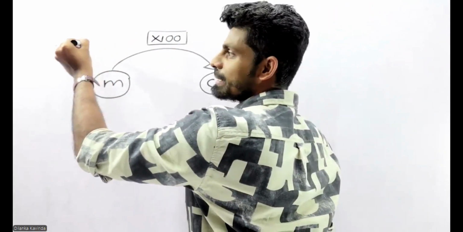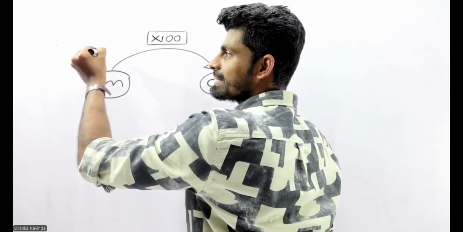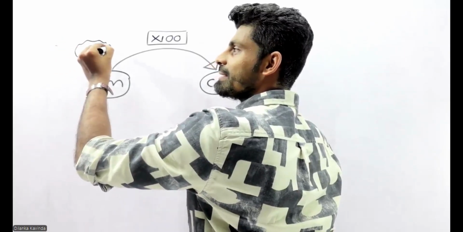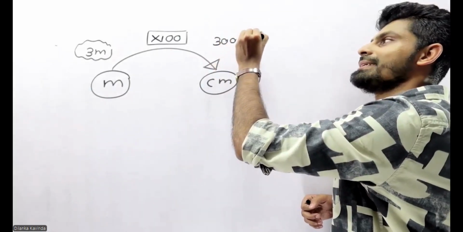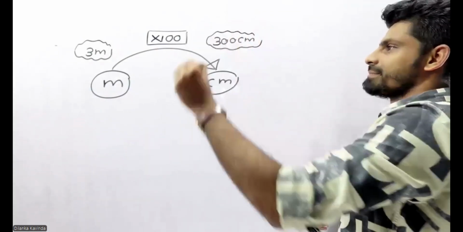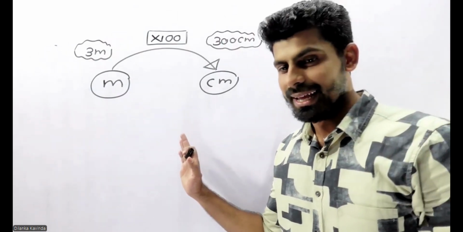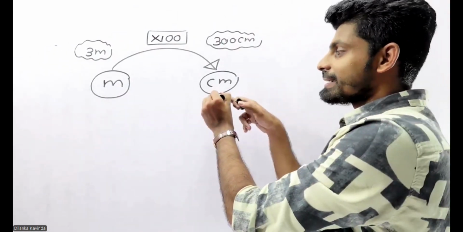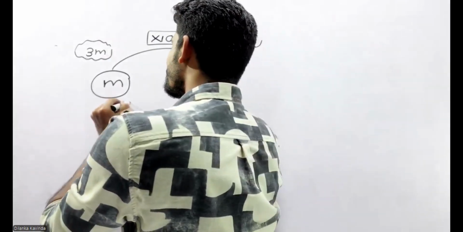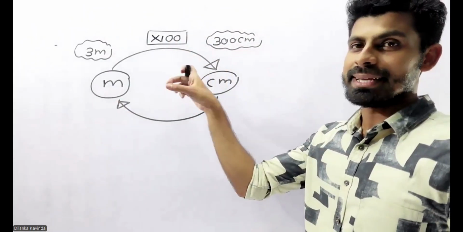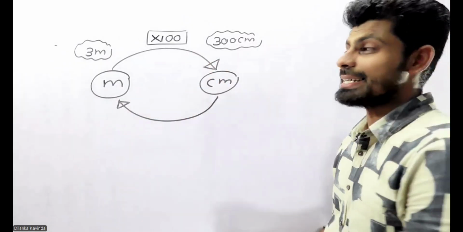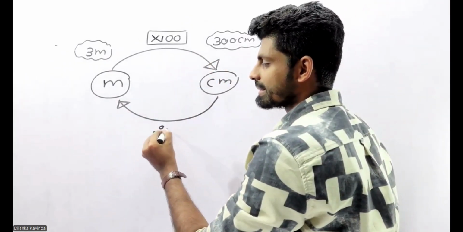As an example, look at this one. 3 meters: 3 multiplied by 100 is 300 centimeters. Okay? If you need to convert centimeters into meters, do the opposite. What is the opposite of multiplication? Dividing by 100.